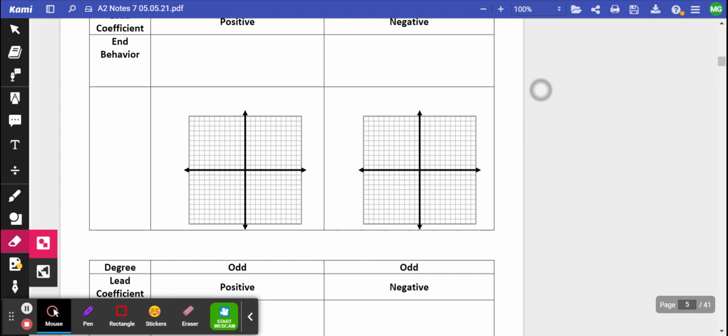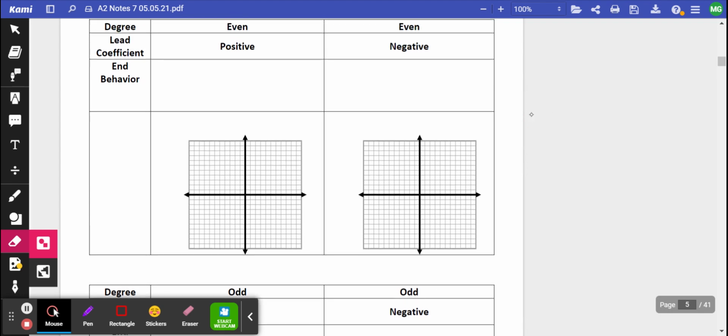So we can summarize all of this. We can summarize all of what we've been talking about based on whether we have an even or an odd degree polynomial and what the lead coefficient looks like. So if we have an even degree polynomial with a positive lead coefficient, think about a parabola right now. It would look something like this, or it might look something like this.